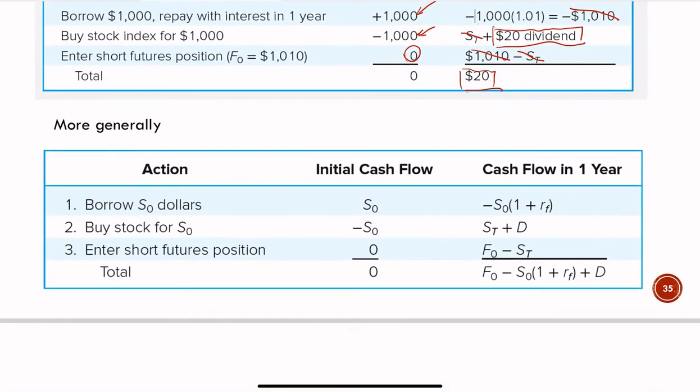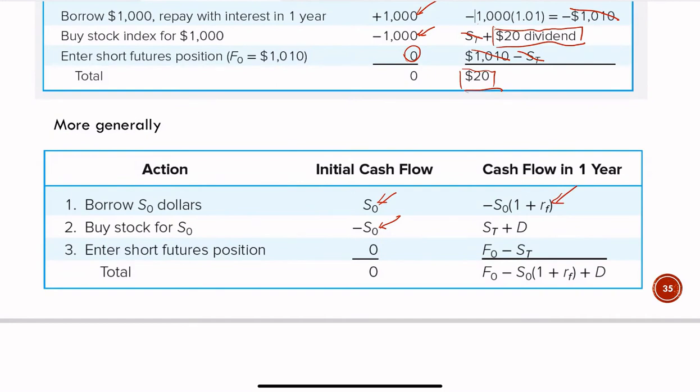And you could also see a general way to understand what kind of arbitrage profit you will get. Basically, if you buy this equity for S0, you will incur this S0 outflow, and then you will borrow S0, so this is a cash inflow. At the end of the year, you have to return this, and of course the interest rate we assume is RF.